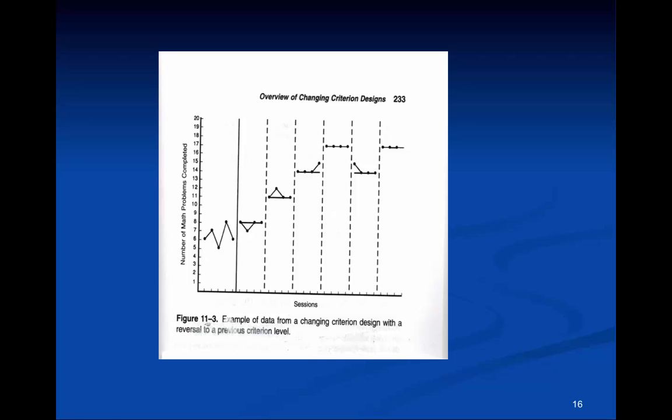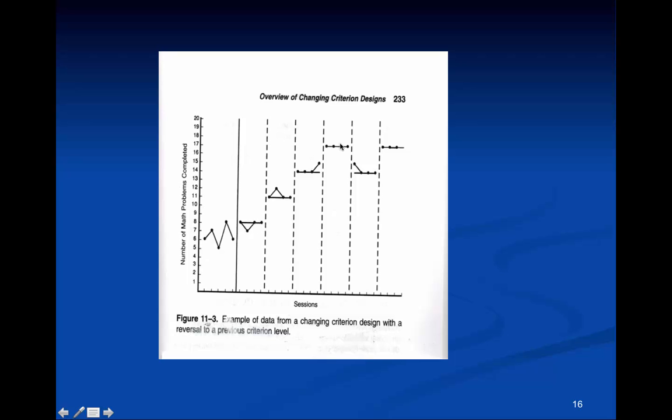All right, so here's a pretty nice demonstration of, I think, everything, including functional control. So you've got a little reversal to a previous condition, and the person's behavior drops. This is the math problems one.